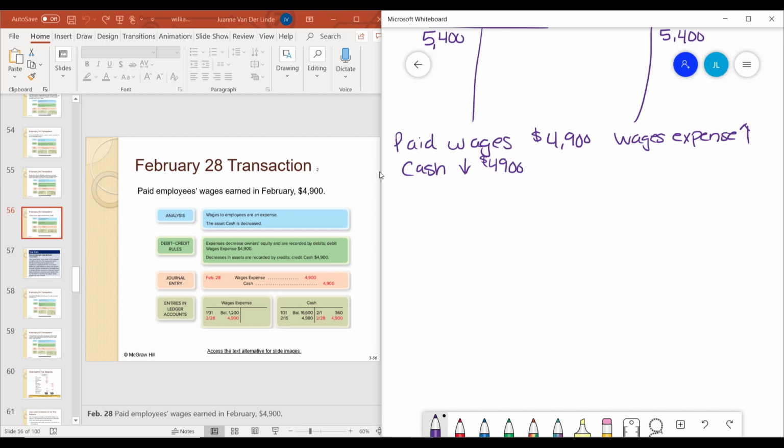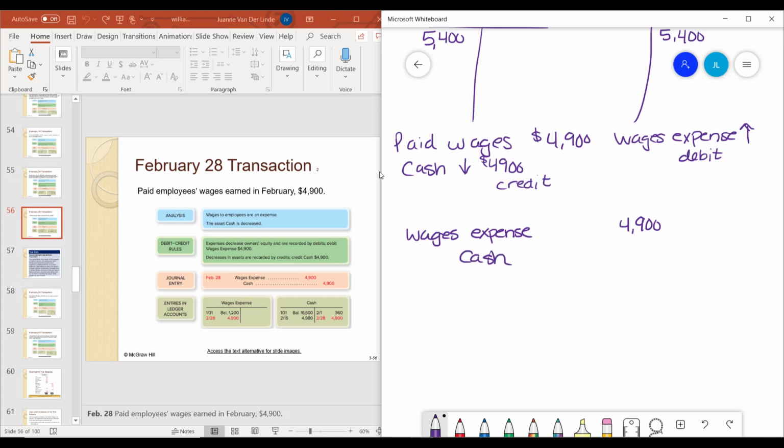Wages expense, expenses are going up, and remember, expenses are always debits, so you do that with a debit. Cash is going down though, but it's an asset. Assets go down with a credit entry. So debits before credits, once again. So we are going to debit wages expense for $4,900 on the left here, and then we're going to skip a line, indent.